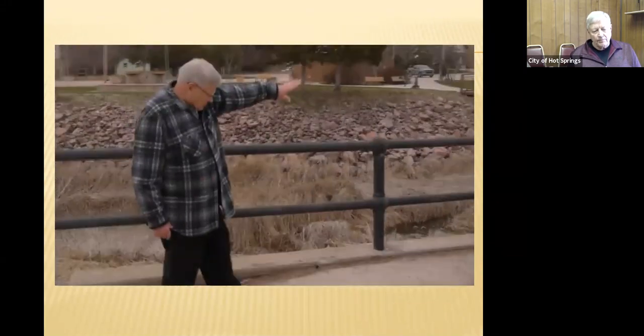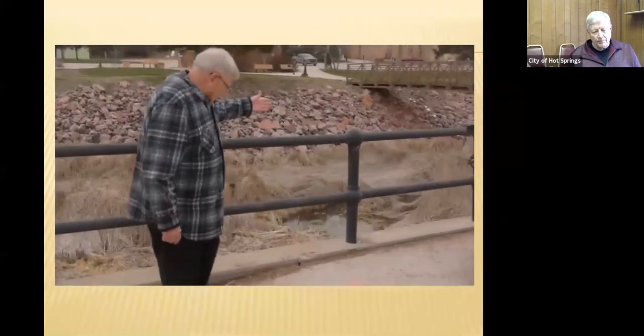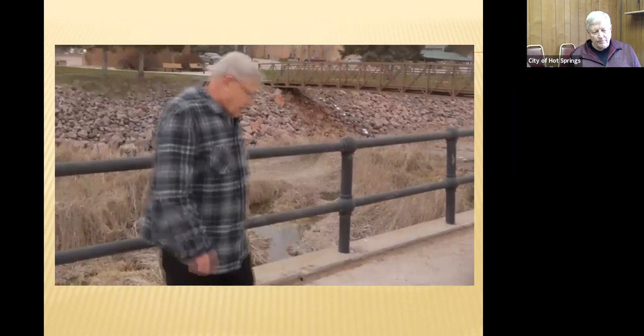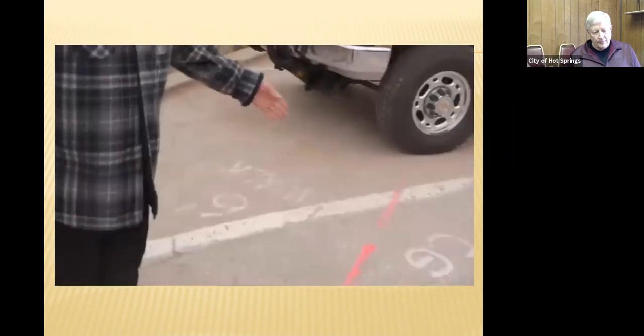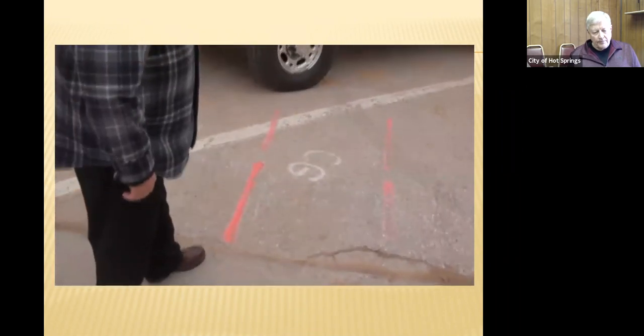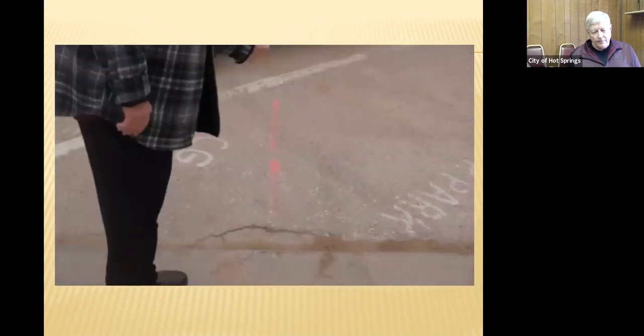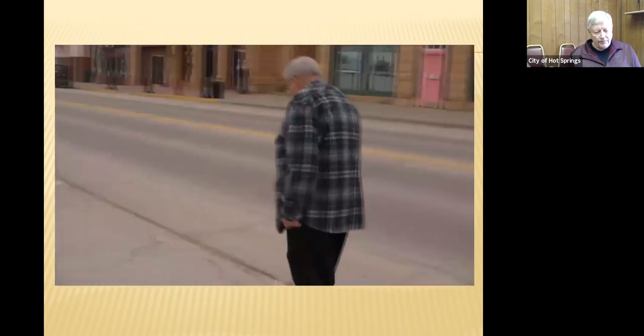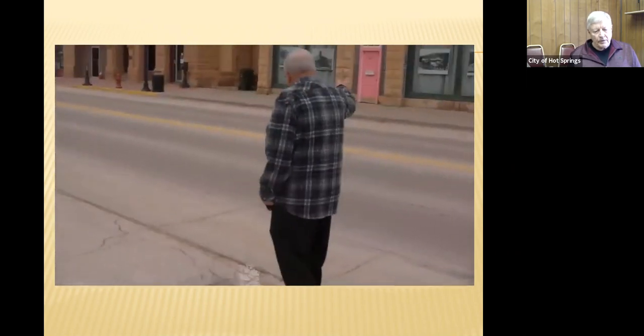This red mark is where the barrier would be, and behind that, obviously, would be a trash catcher. You've got a 6-foot sidewalk, and then the parking comes out to approximately here. Now you realize on the other side of the street, we'll have diagonal parking.